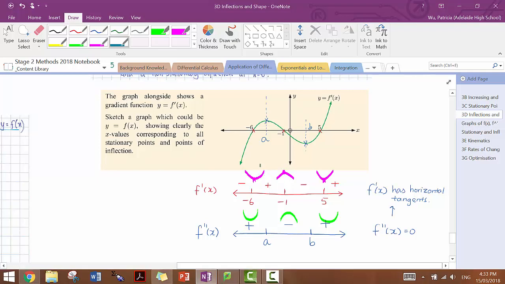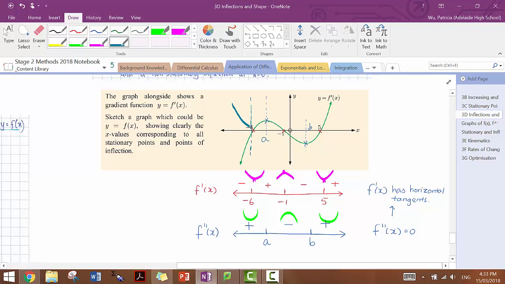So by looking at the original graph, it should be going down first. It should be going down, and then it will reach a local minimum at x equals -6, like that.